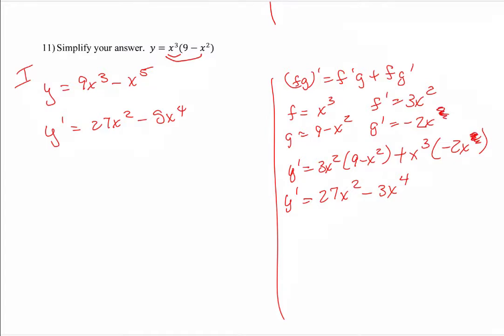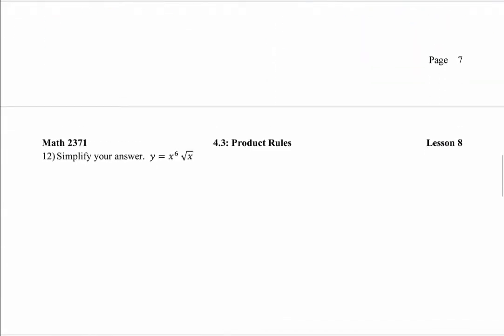That should be x. So then this should be minus 2x to the 4th. So then y prime equals 27x squared minus 5x to the 4th. Okay. Little mistake, but I realized I should get the same thing.